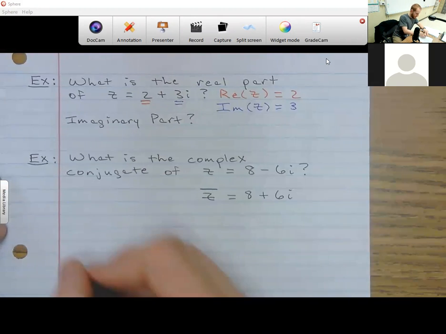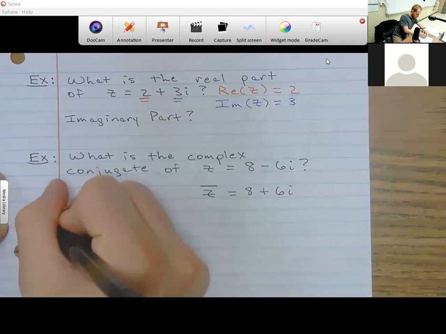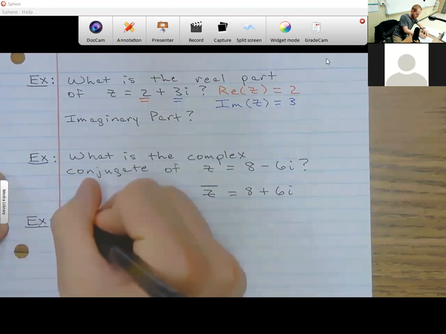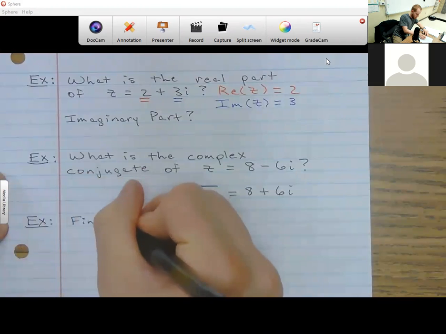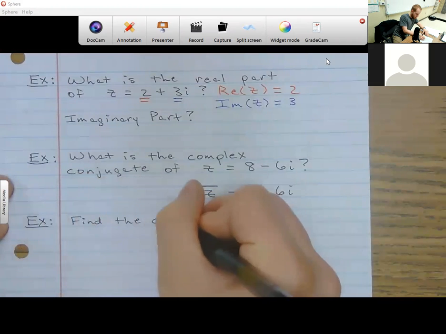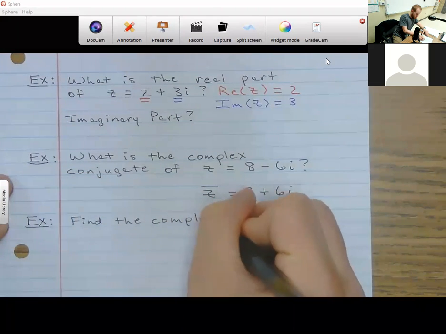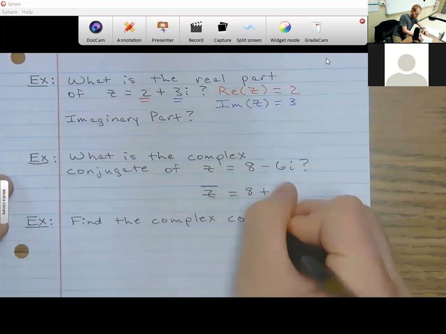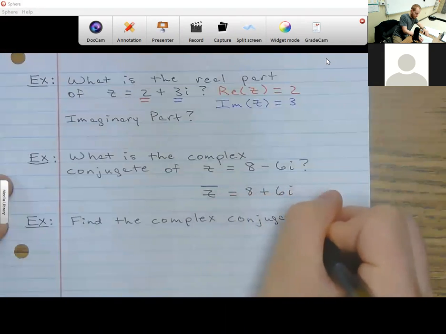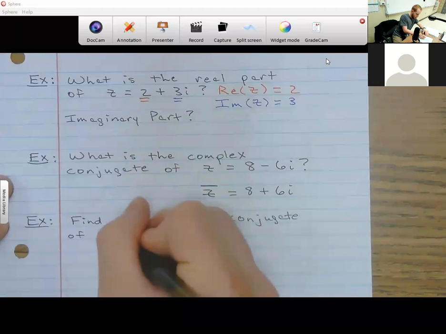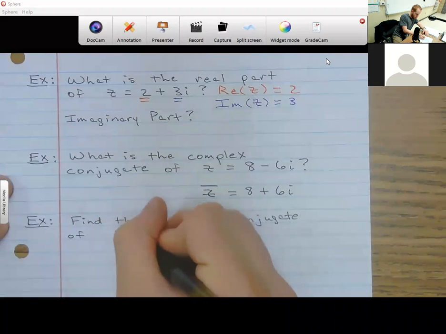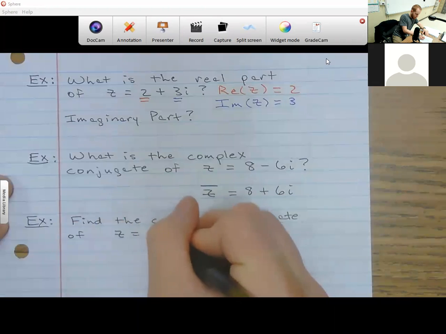Let's do one more like that. Find the complex conjugate of z equals 3i.